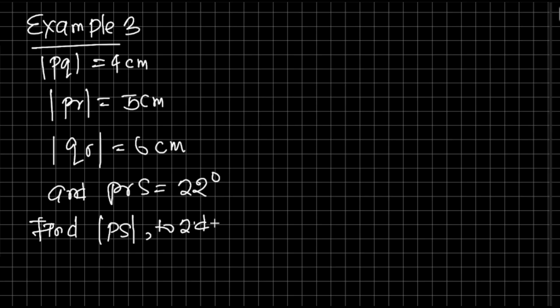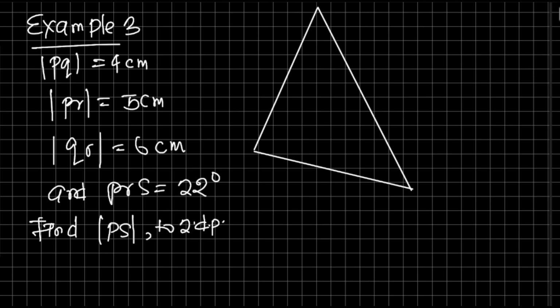So let's sketch the triangle so we'll see the problem. Remember, sketching is very good. You'll see what is happening. So we have this is Q, we have another line here. Let's use a red pen.